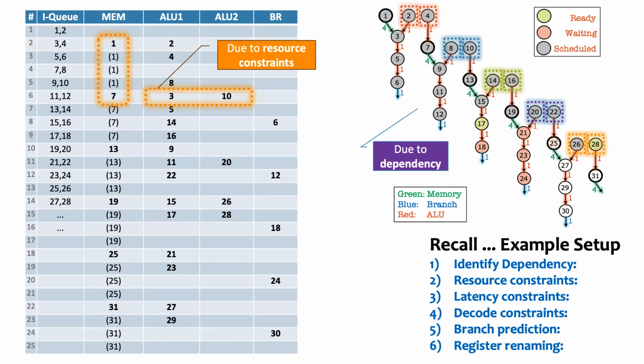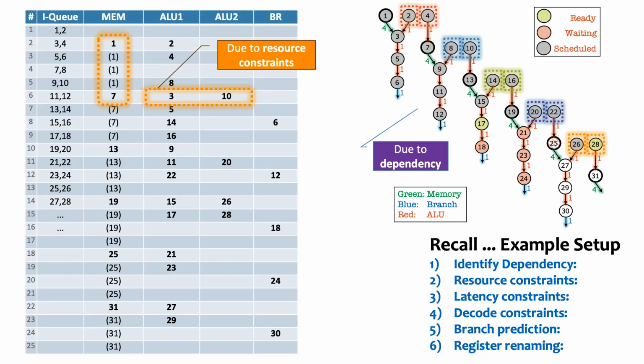One example is between 1 and 7. They're scheduled back to back because of resource constraint, not because of data dependency. This is only because of resource constraint. They're competing for that one memory unit. Because we have one memory unit, but multiple operations using the memory unit, they have to be scheduled one after another.